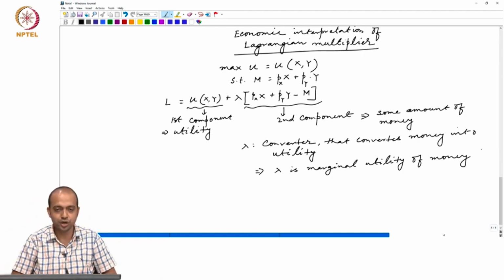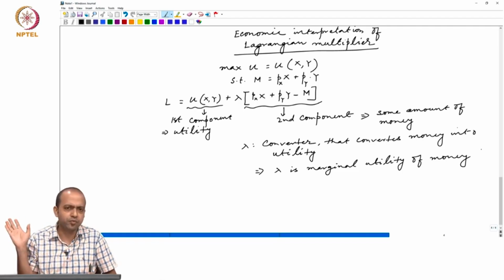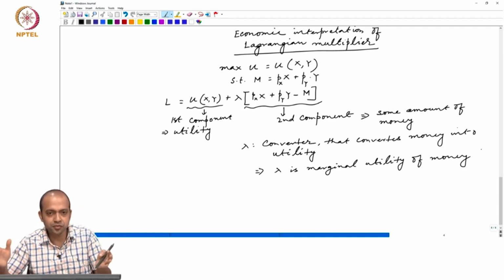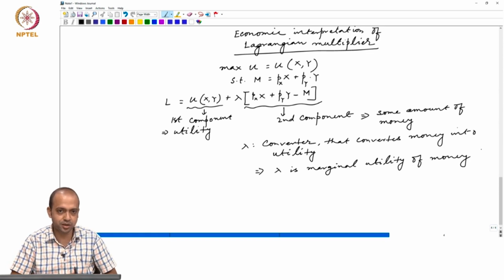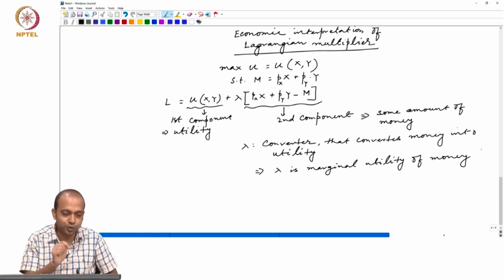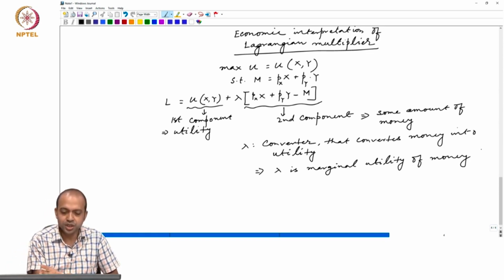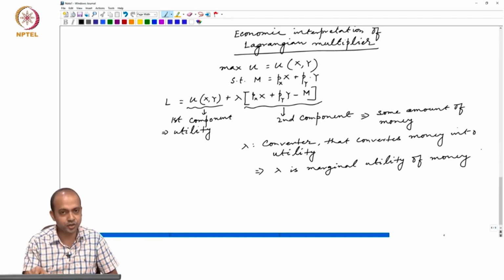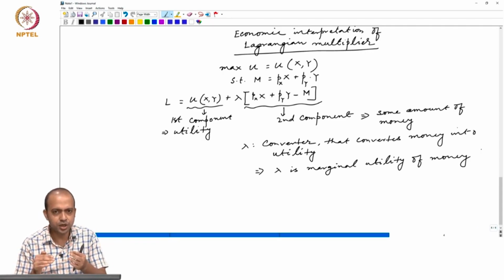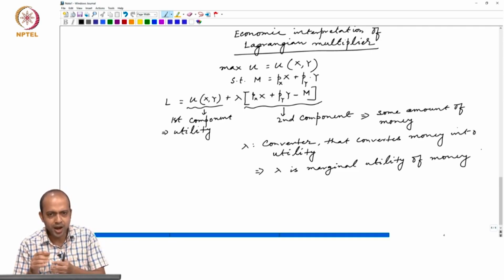That is the interpretation. So, in your lifetime, whenever you set a Lagrangian function for this type of optimization, if you want to understand the meaning of the multiplier, you just decompose the Lagrangian function into two components. Look at the physical interpretation of the first component and of the second component. Always you will see that in the Lagrangian function, we are trying to add two things whose physical interpretations are different.